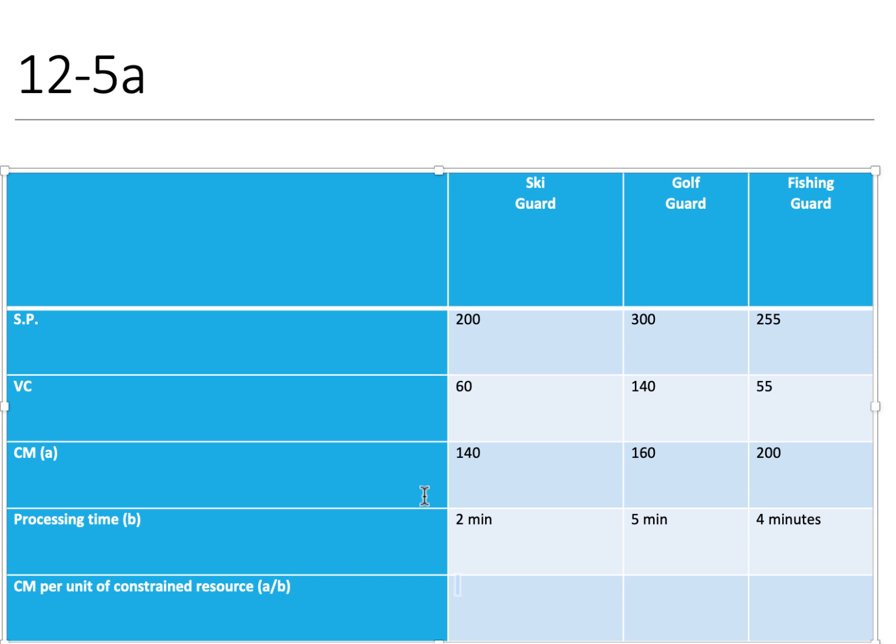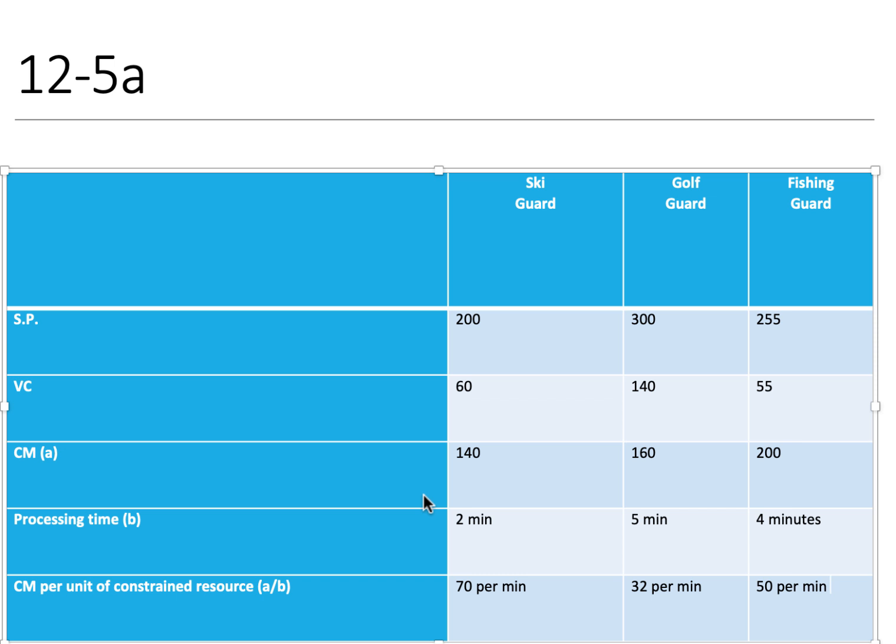So I see then, based on the contribution margin per unit of constrained resource, 140 divided by 2, I get $70 per minute. For Golf Guard, I get $32 per minute. And for Fishing Guard, I get $50 per minute.